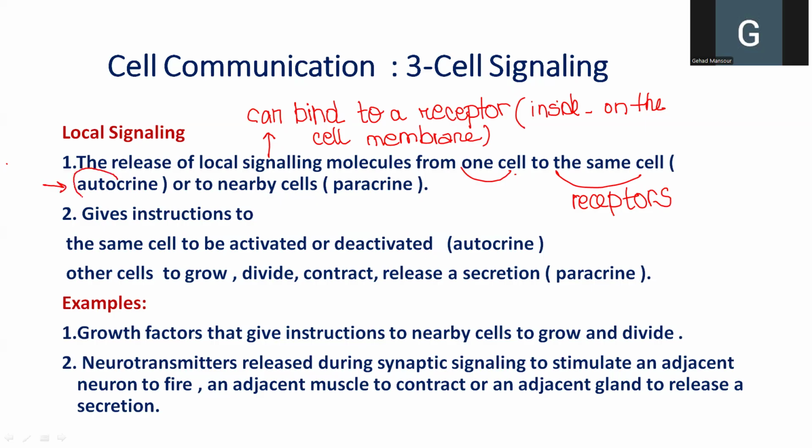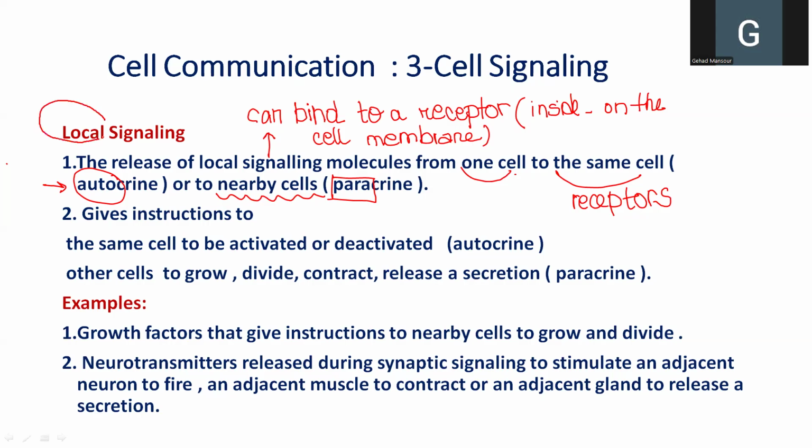Now, auto means self, meaning that the cell is sending signaling molecules to itself, but it might also be to other different cells. So in such a case, if the signaling molecule is sent to a nearby cell, this is called paracrine signaling.